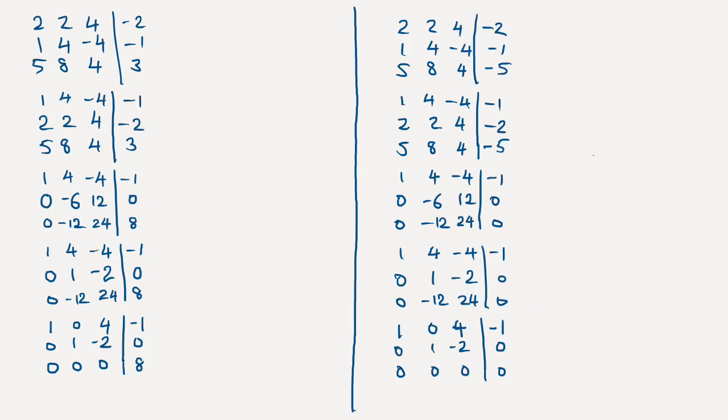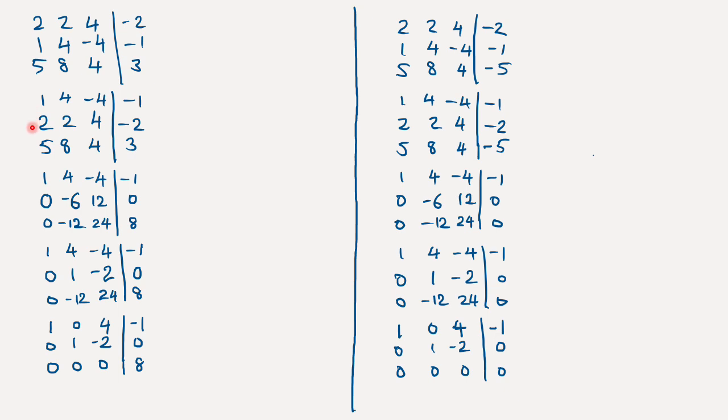Two other possibilities, and one is that there's no solution. So if we have this system here, I've performed Gauss Jordan elimination on this. So again, I've interchanged the first 2 rows for this first step.